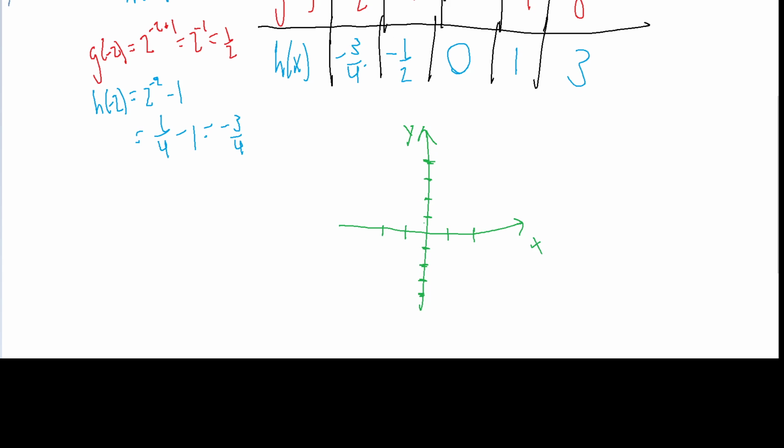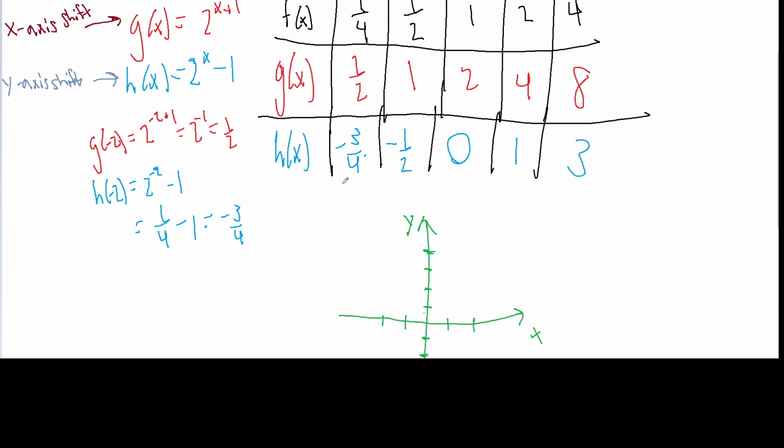Okay, so starting with f of x. At -2, we're at 1/4, so that's about here. And when it's -1, we're about here. And at 0, we're here. At 1, we're at 2. And at 2, we're up at 4.